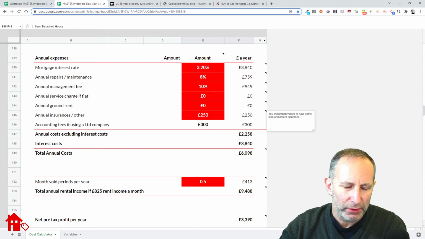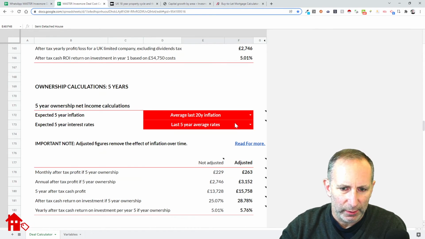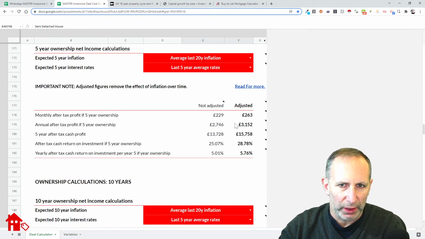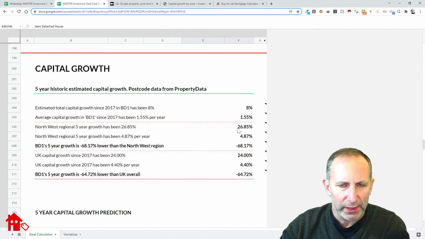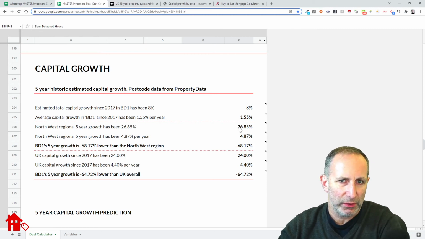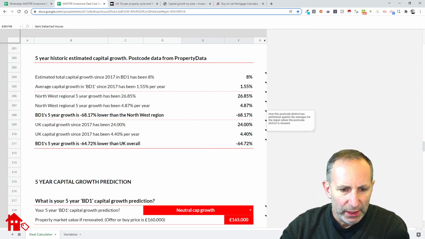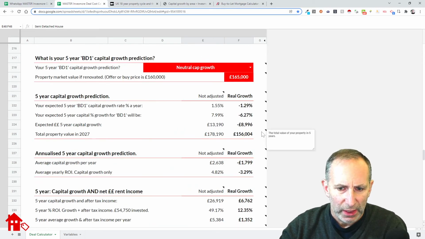So imagine you decided to buy a property in BD1, and you're now forecasting the growth over the next 5 years. So you apply the historic capital growth to the future. Well, in this case, this area hasn't performed very well relative to other areas.